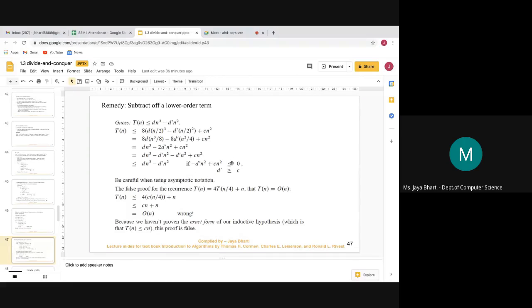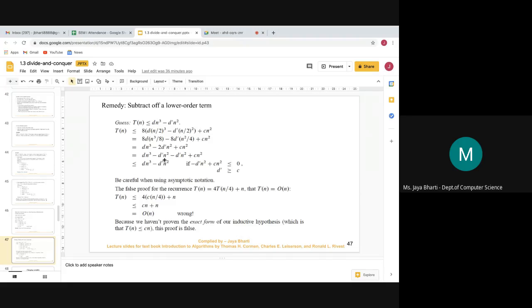Then it will become d dash is greater than or equal to c. When it becomes like this, the guess that we have made is correct for the recurrence relation that is given.